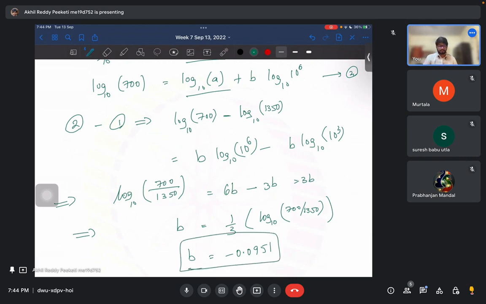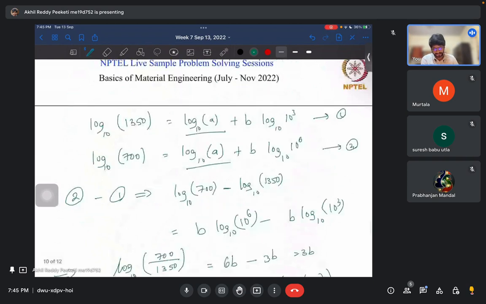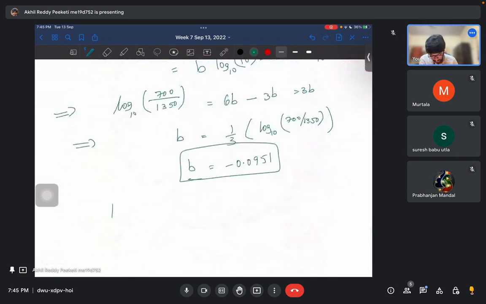Now once you know b, you substitute back in equation 1, or directly in the main equation. So S is equal to A into N power b. We know 1350 is equal to A into N, which is 10 power 3, to the power minus 0.095.